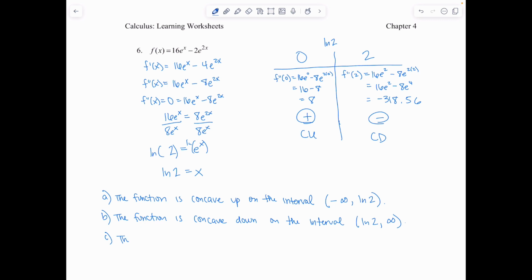And then our inflection point, let's find out what our value is. So we've got our function f of x at natural log of 2 is going to be 16 e to the natural log of 2 minus 2 e to the 2 natural log of 2.